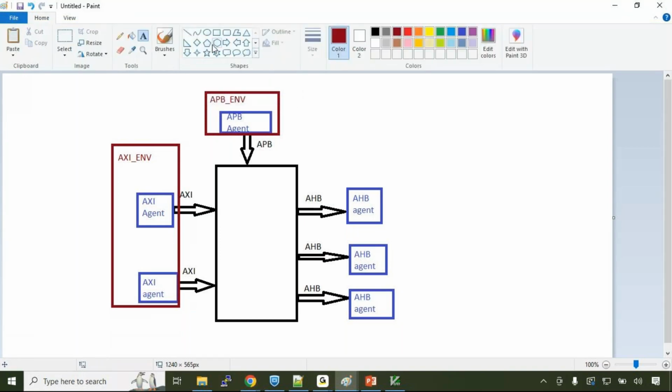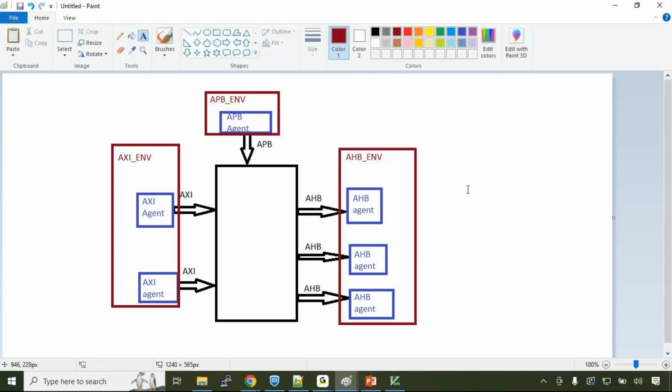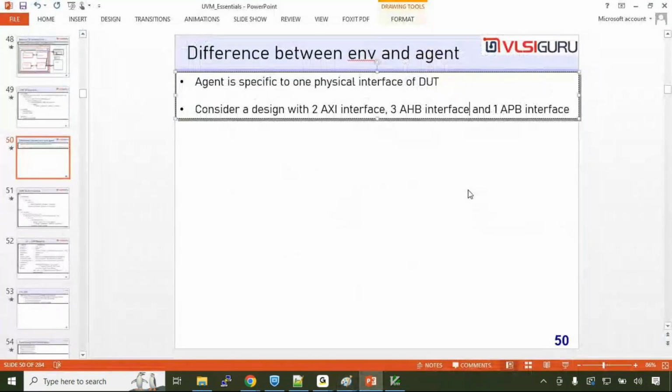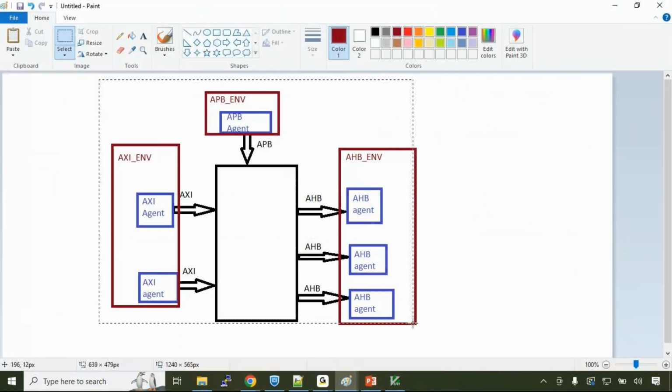And this is the AHB environment. Putting together all of them is the top environment. AXI environment, APB environment, AHB environment will go into the top environment. Top environment will go into the test, will go into root, will go into module. It may look complex, but this is how it is actually done. So this is how the overall test bench hierarchy would look like.